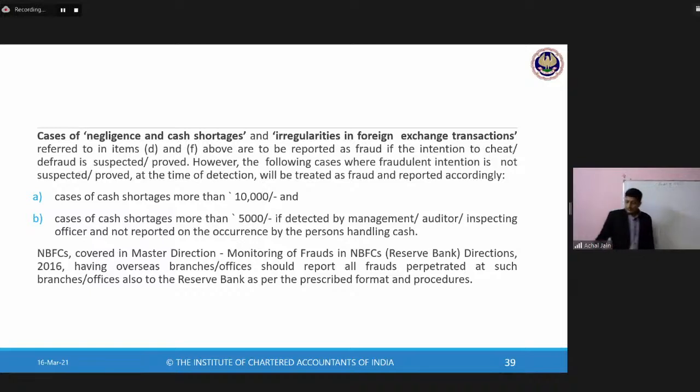With this, we have partly covered the requirements of NBFCs, and we are still left with various requirements of NBFCs and the audit procedures around them. But considering the time, we'll stop our discussion now, and the remaining part will be covered in the next session.